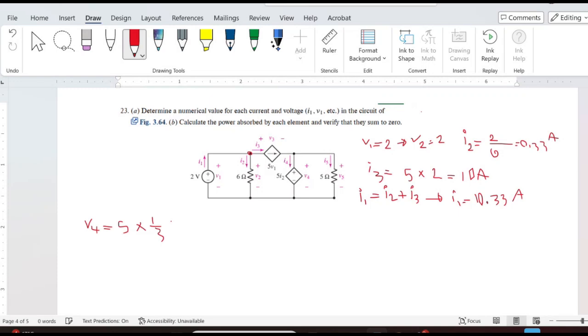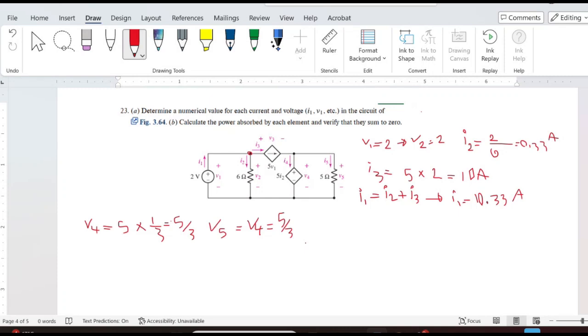So that's going to be equal to 5/3 volts. Also, because we just calculated V4, it's easy to see that V5, the voltage of the 5 ohm resistor, these two components are in parallel. That means that automatically V5 is going to be also equal to V4, which equals 5 divided by 3.